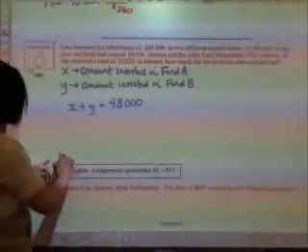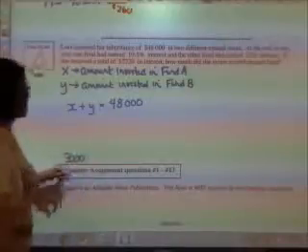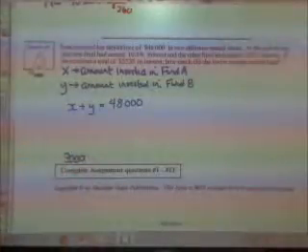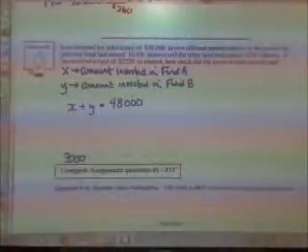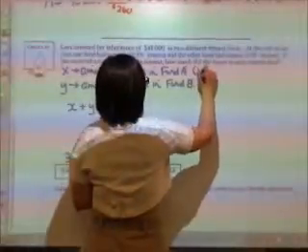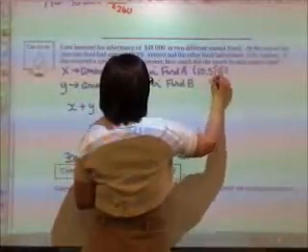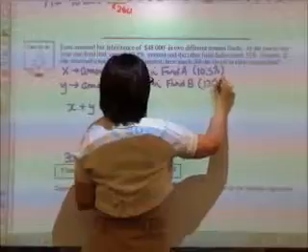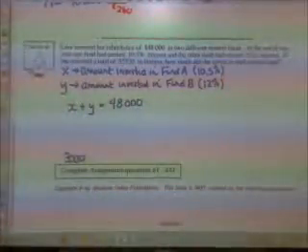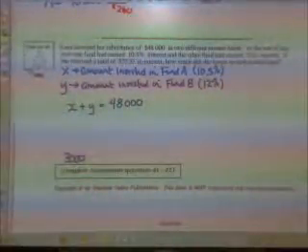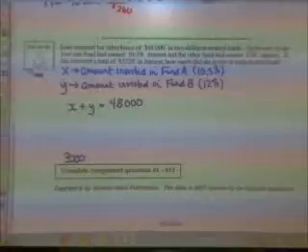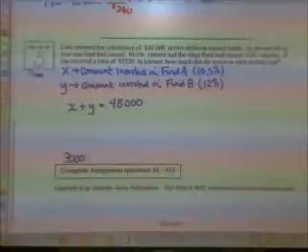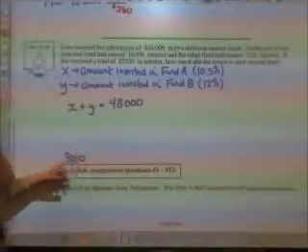So just take a moment. $3,000 in Fund A, which was the 10.5% interest. Maybe we should put that in brackets there. How much interest would that be? What would I do? Multiply the 3,000 by what?